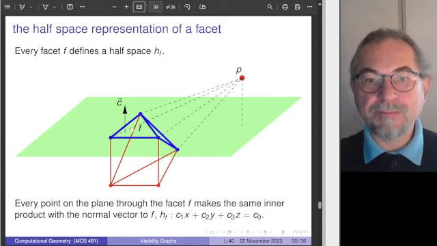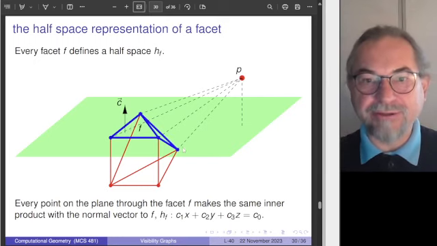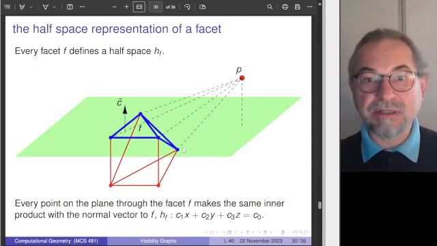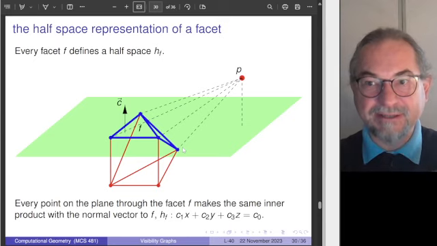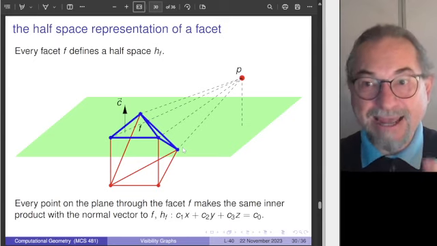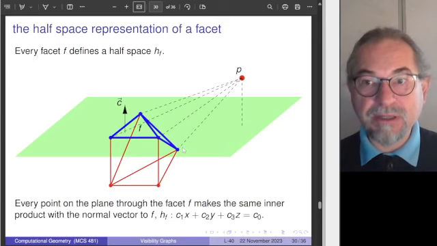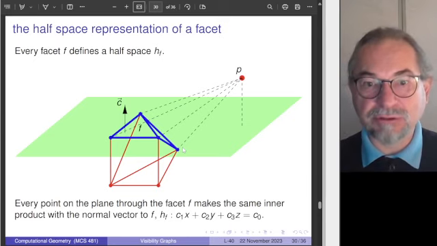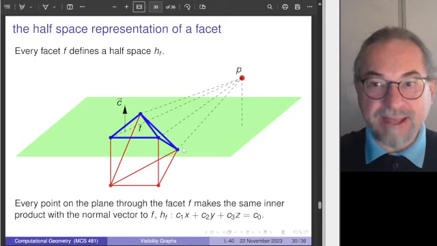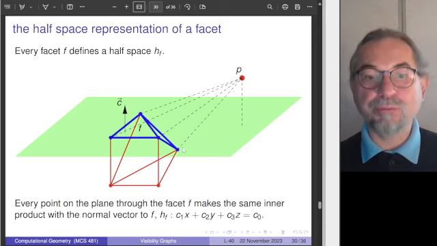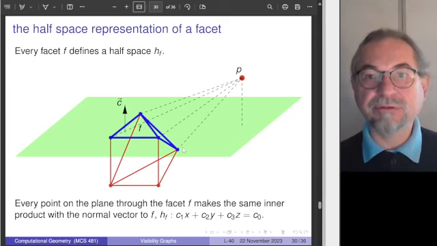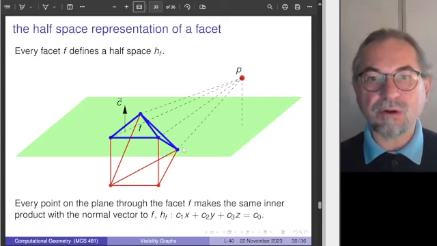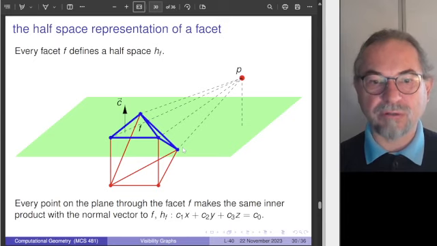What is visible are the blue edges, and they will be replaced. So I'm sorry, the facets that are visible will be replaced. The new edges will be the edges in the triangles which have as extra vertex the new point. So this was the idea for an incremental construction of a three-dimensional convex hull.